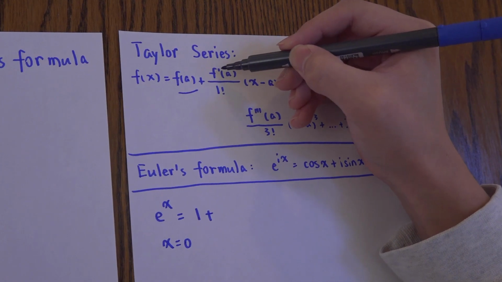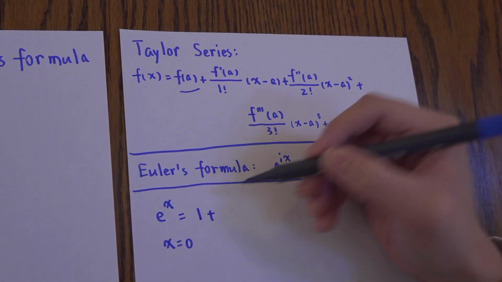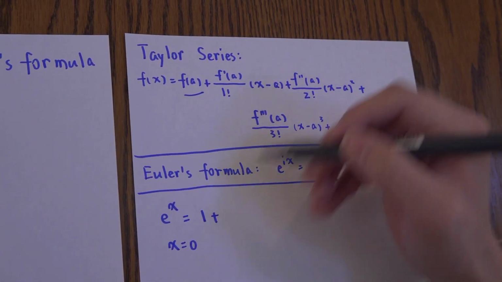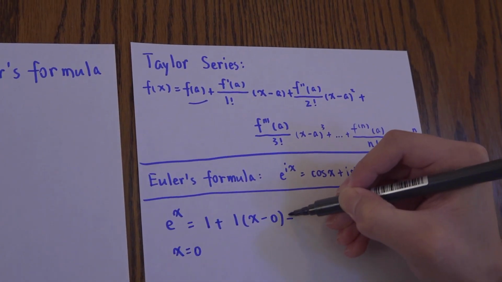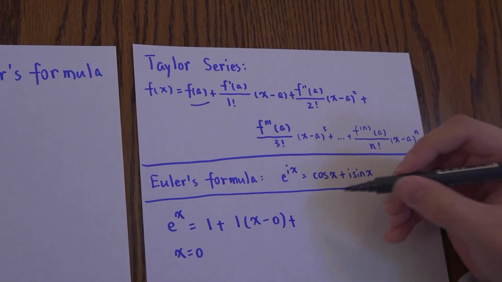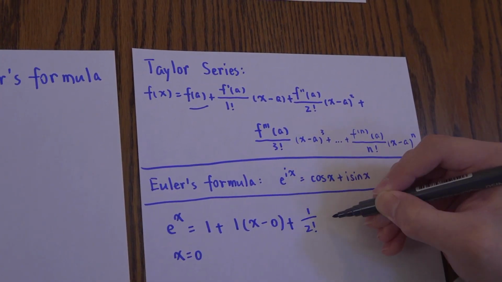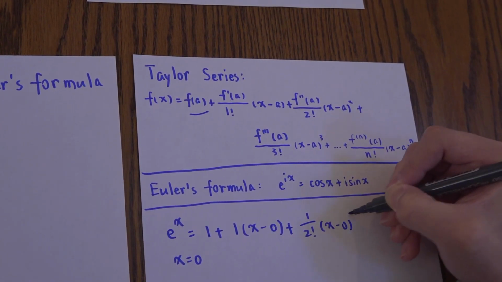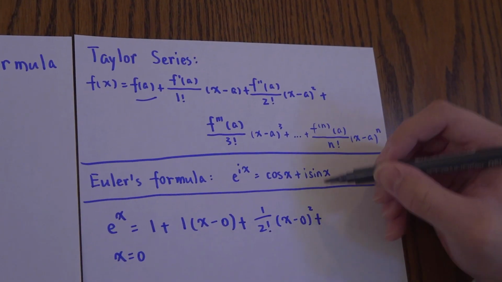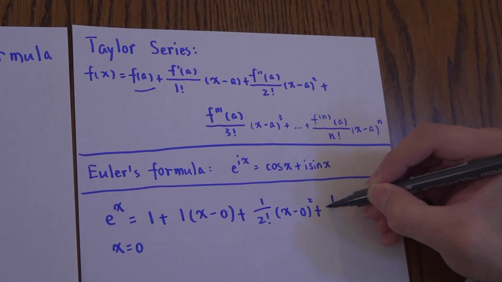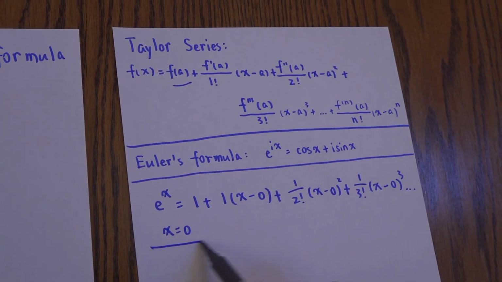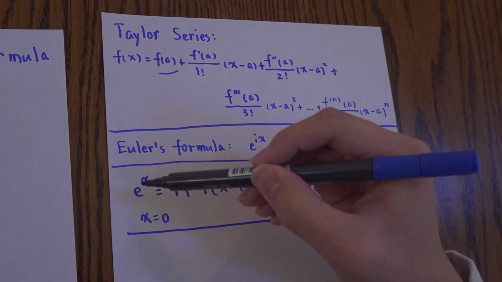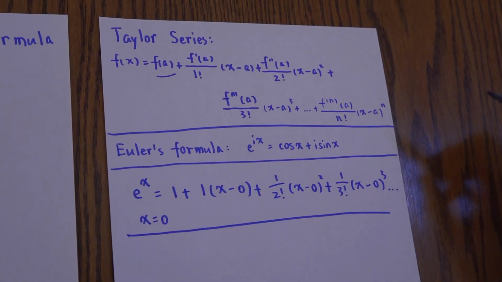Plus the derivative of e to the x, this is also 1, and 1 over 1 is still 1, right? So basically 1 times x minus 0. Plus the second derivative, still e to the x, 1 over 2 factorial, x minus 0 squared. And the third derivative, still 1 over 3 factorial. So this is basically the Taylor series for e to the x power.